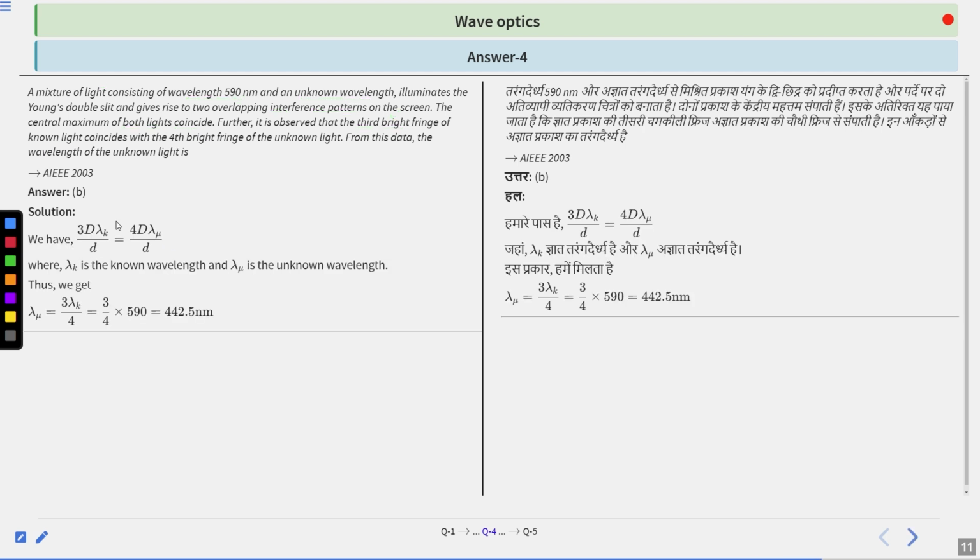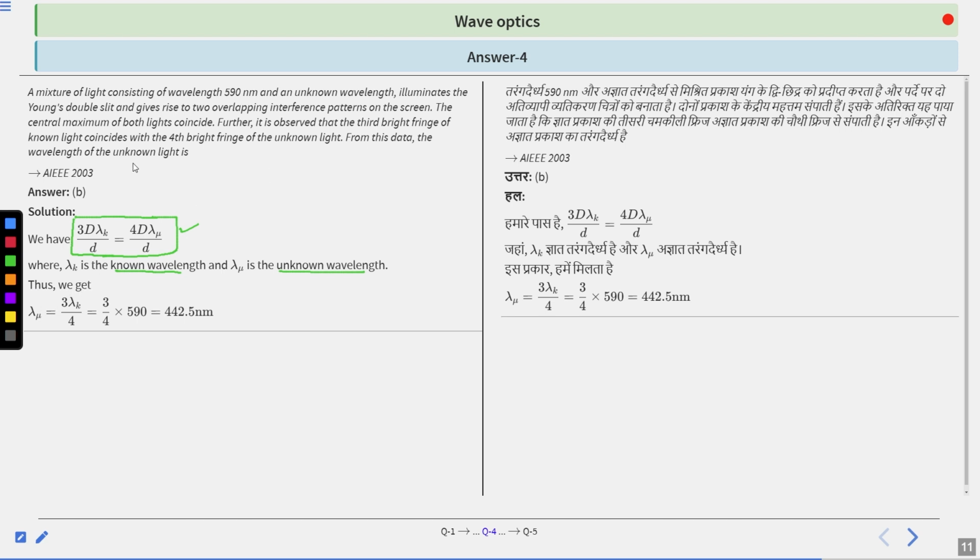Here we will use the formula for the position of the nth maxima for both cases. We have 3 D lambda k divided by d is equal to 4 D lambda u divided by d. Here lambda k is the known wavelength and lambda u is the unknown wavelength, which we have to find.